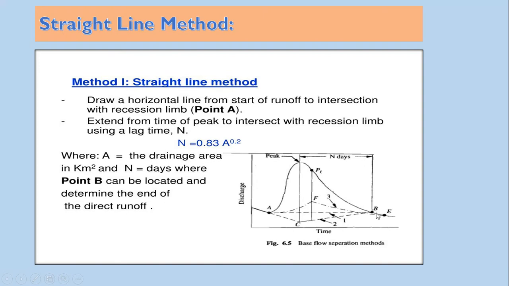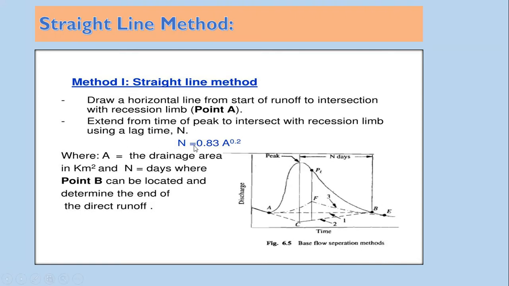Hydrologists have given a relationship in terms of N days: N equals 0.83 A to the power 0.2. From the ordinate at peak discharge, N days is measured, and that will show the position of point B. Hope it is clear.